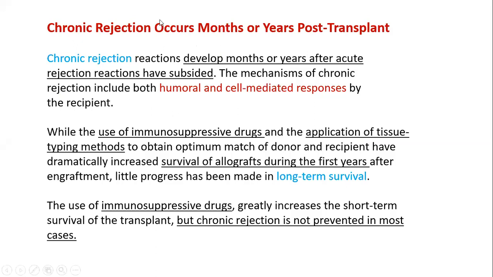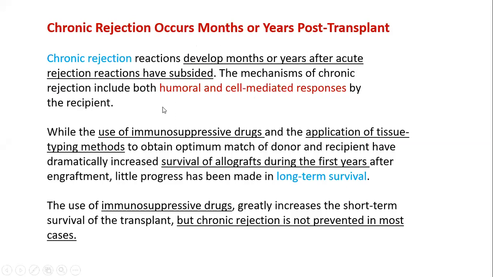This rejection, as suggested, develops quite late. That's why it's called chronic rejection. Chronic rejection mainly involves both humoral and cell-mediated responses: humoral means it includes antibodies, and cell-mediated includes T helper cells and T cytotoxic cells. So that's chronic rejection.